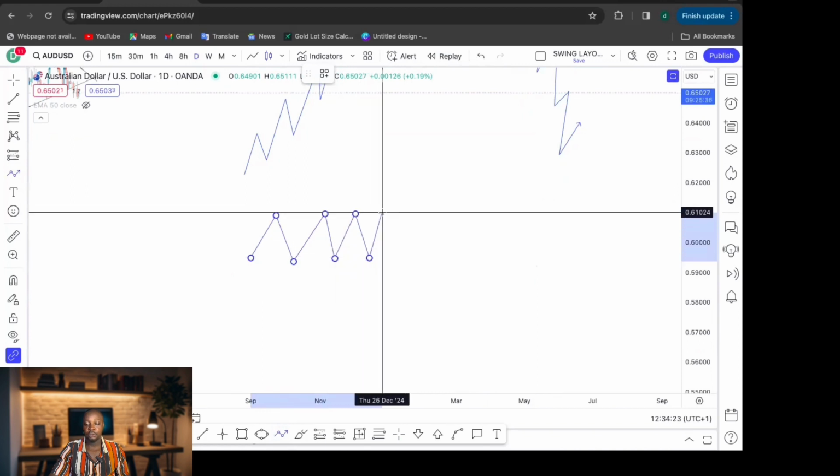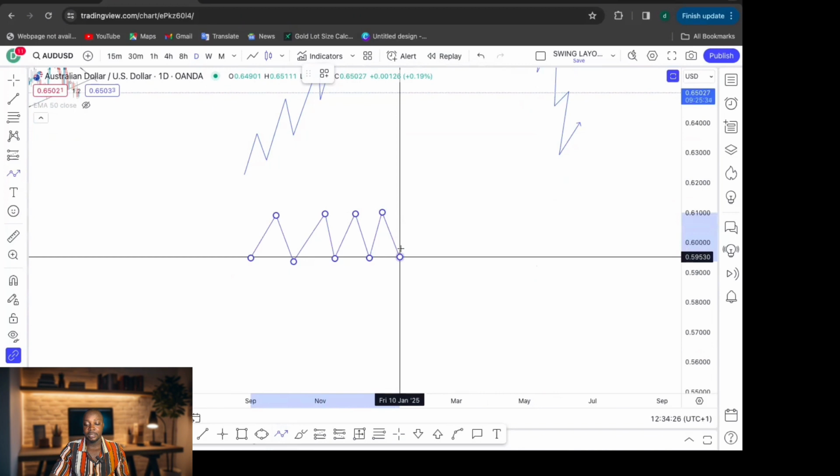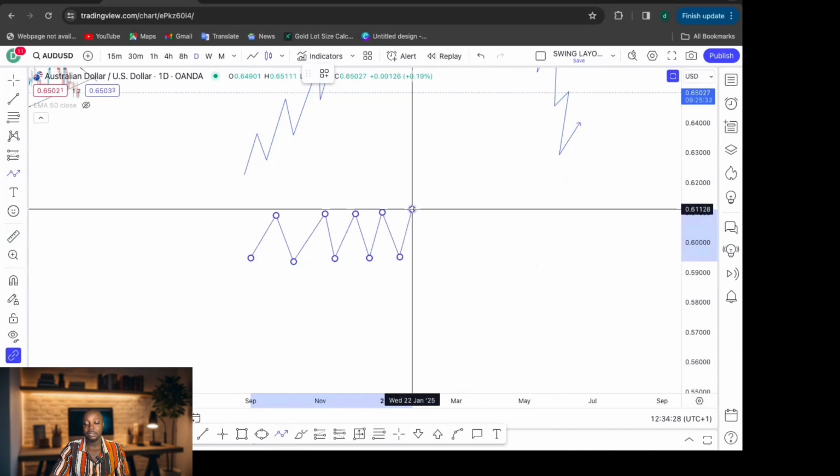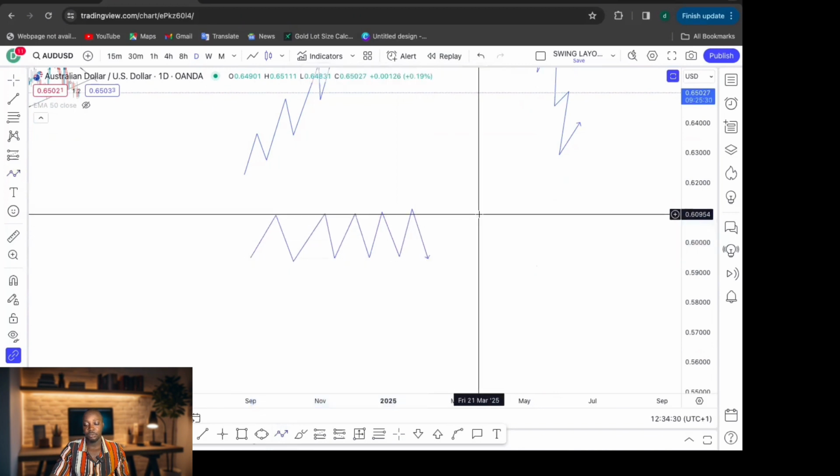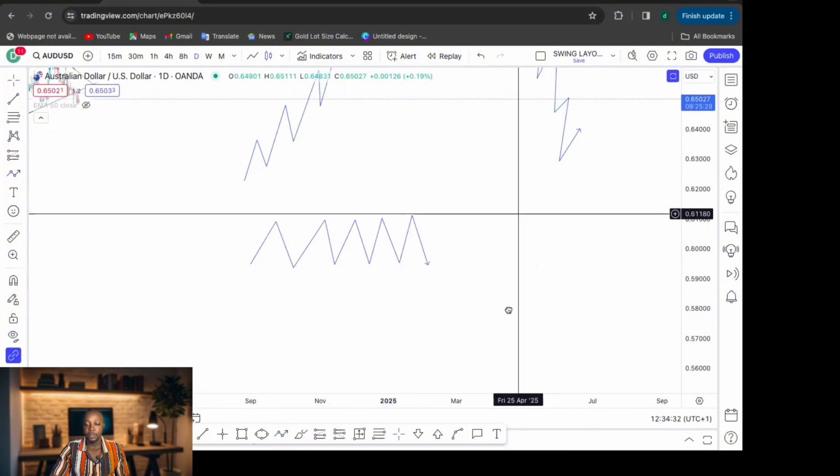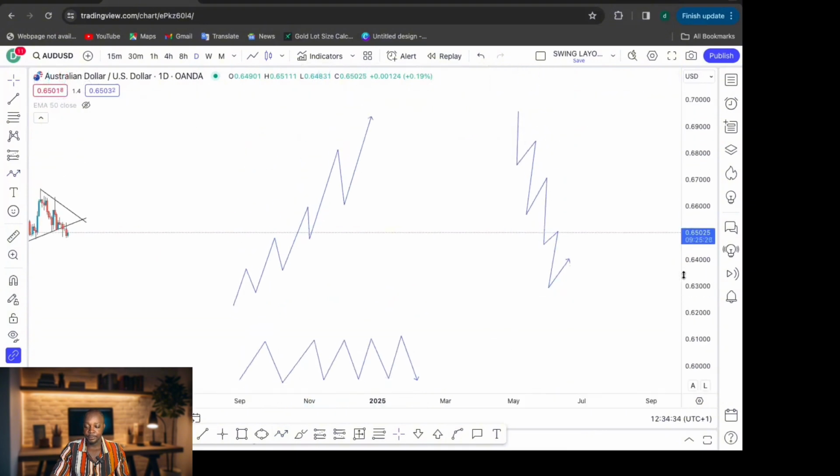A sideways market is also called a consolidating market or a choppy market, whatever you like.